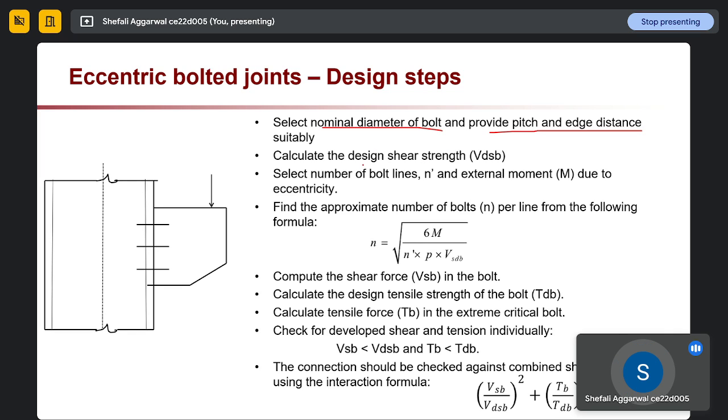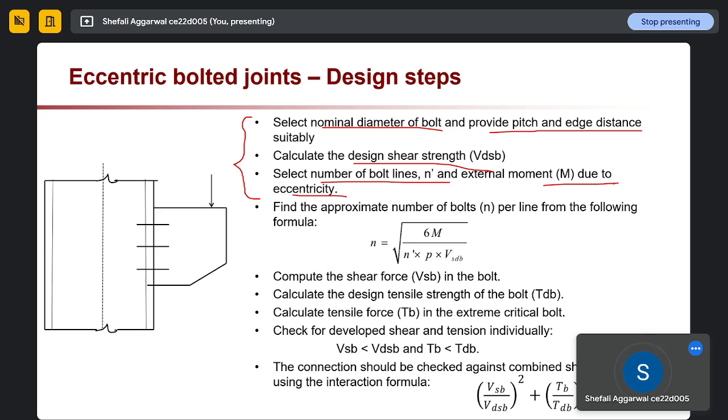Then we will calculate our shear strength. All these design steps we have already done when we were doing design of bolts, so the same thing we will be following here. We will calculate the shear strength, and then we will select the number of bolt lines and the external moment due to eccentricity. Based on this, we can calculate the number of bolts. Mostly these terms, either you have to assume these values or they will be given to you in the question.